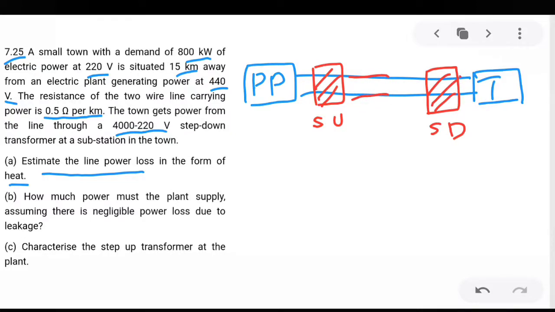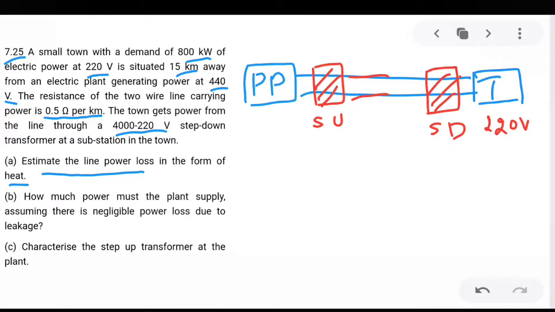This transformer near the town steps down the voltage and gives this voltage to the town. Now here the voltage that is required in the town is 220 volt.